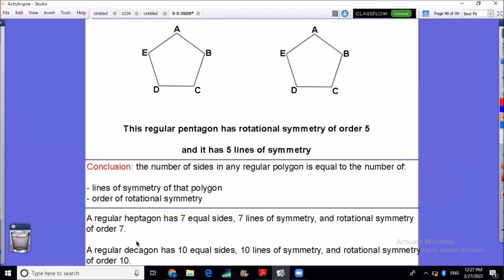What is a decagon? It's a shape that has 10 sides. So a regular decagon has 10 equal sides, 10 lines of symmetry, and a rotational symmetry of order 10. This is how it works with the regular polygons. The number of equal sides is the same as the lines of symmetry and the order of rotational symmetry as well.